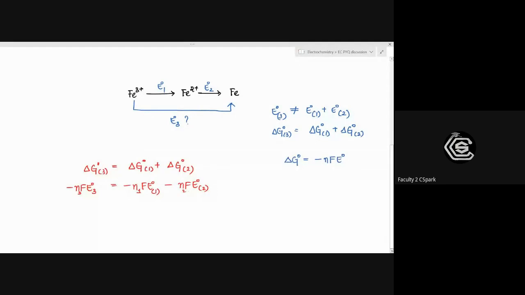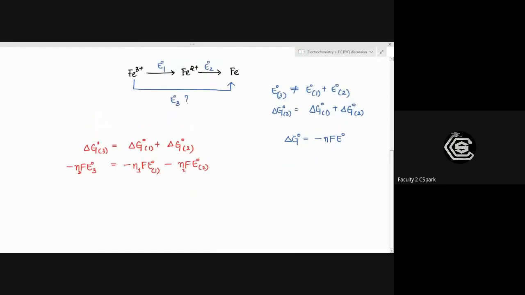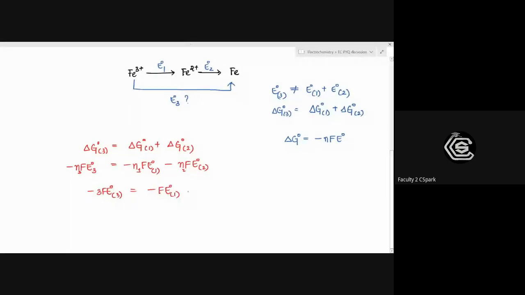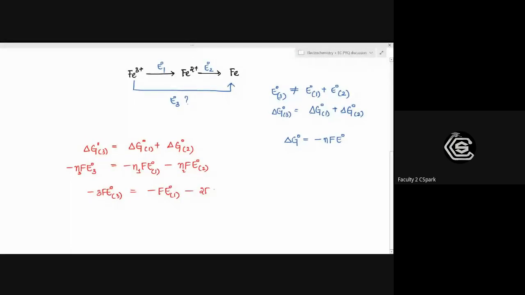Now please check the number of electrons. For E naught 1, it's just one electron. For E naught 2, Fe2+ to Fe, 2 electrons are gained. For E naught 3, Fe3+ to Fe, 3 electrons. So now you can rewrite this equation like this: minus 3F E naught 3 is equal to minus F E naught 1 minus 2F E naught 2.